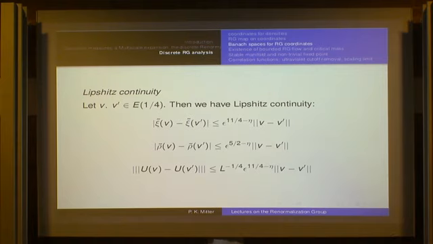So the trajectory will move a little bit, but there'll still be a non-trivial fixed point. You cannot make the non-trivial fixed point go away with third order remainders.